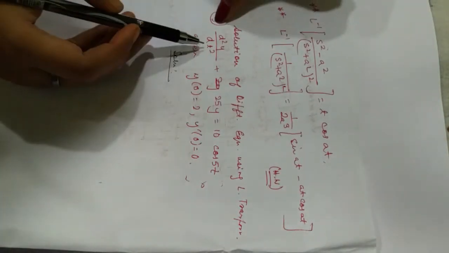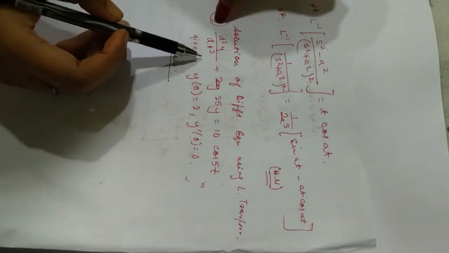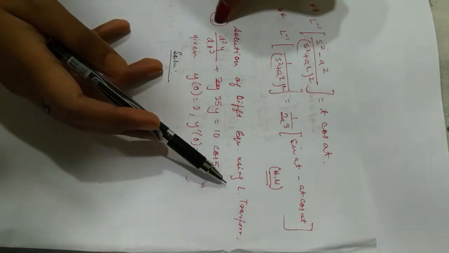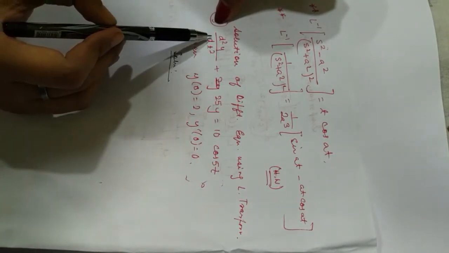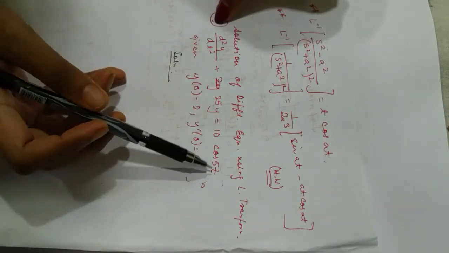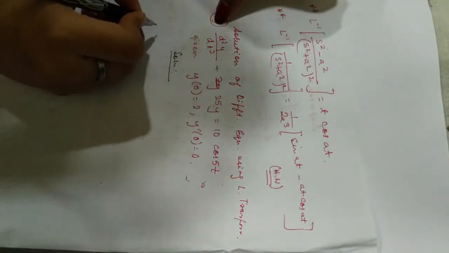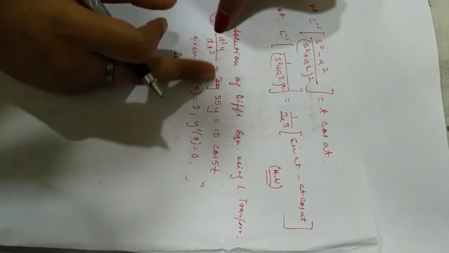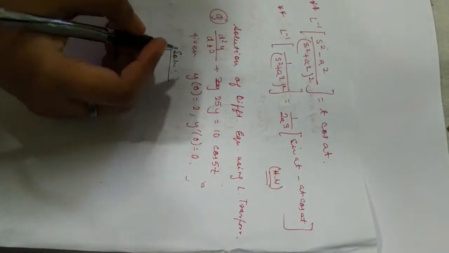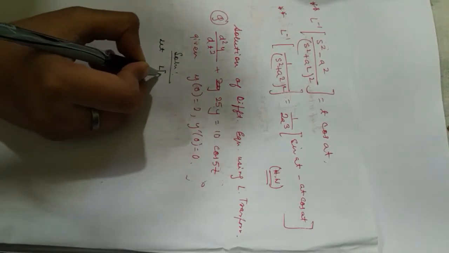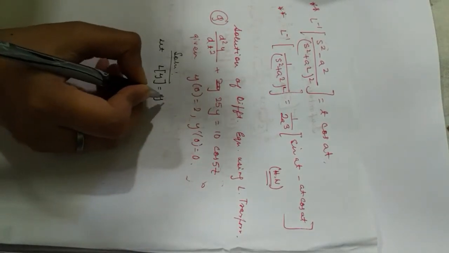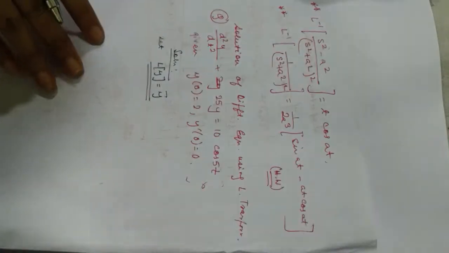Whenever you are given a differential equation and want to solve it using Laplace transform, we take the Laplace transform of the entire differential equation. First let the Laplace transform of y be y bar. This is the notation we will be using.